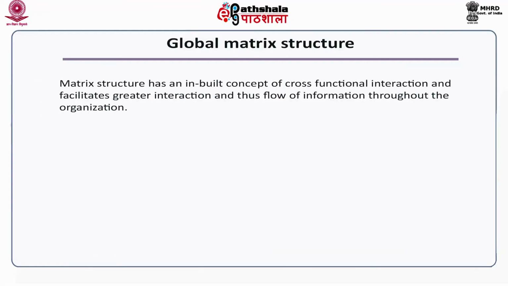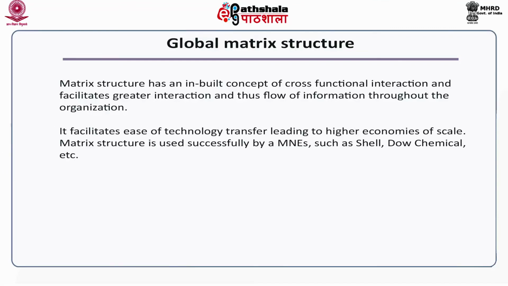Matrix structure has an inbuilt concept of cross-functional interaction and facilitates greater interaction and thus flow of information throughout the organization. It facilitates ease of technology transfer leading to higher economies of scale.